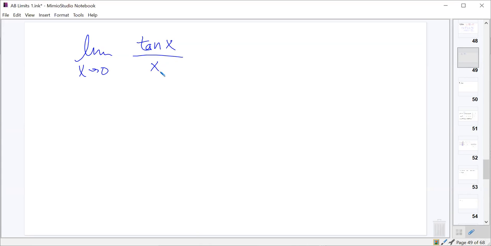Split the tan x into sine x over cosine x. Perfect. So we'll have a limit as x approaches 0 of sine x over x cosine x. Everybody good with that? Yeah. Right, the sine x and the cosine x just drops into the denominator.